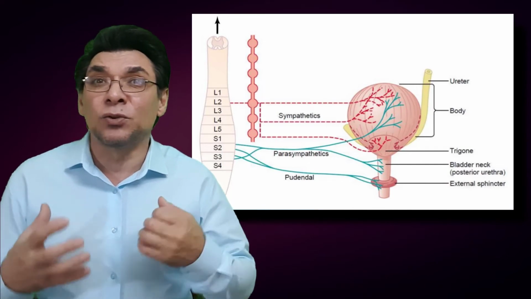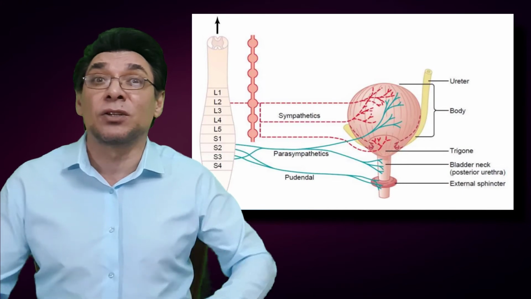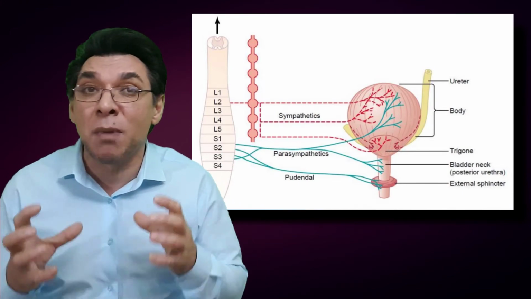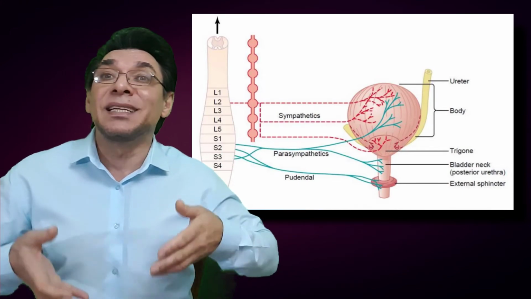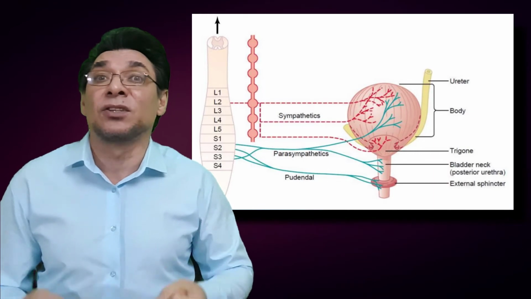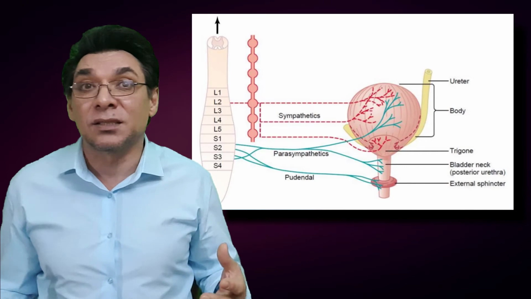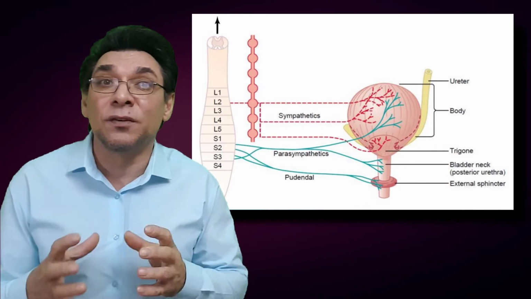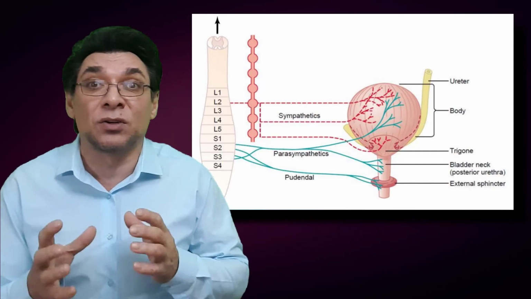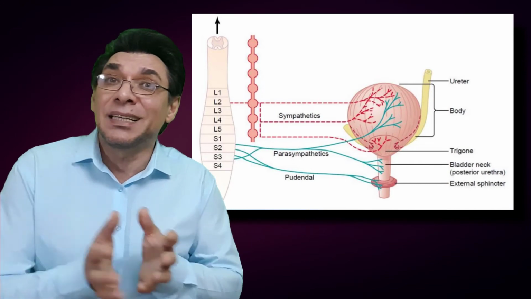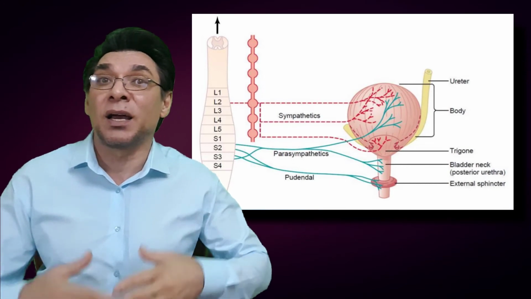Because of the Micturition reflex, action potentials conducted along somatic motor nerves to the external urinary sphincter decrease, which causes the sphincter to relax.